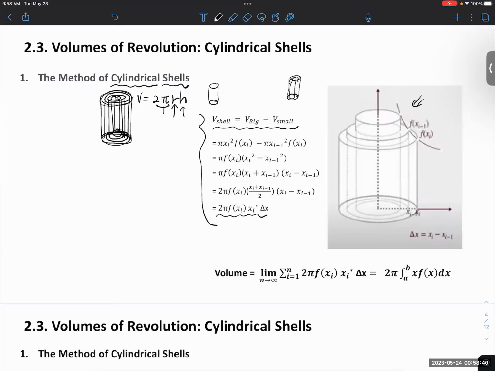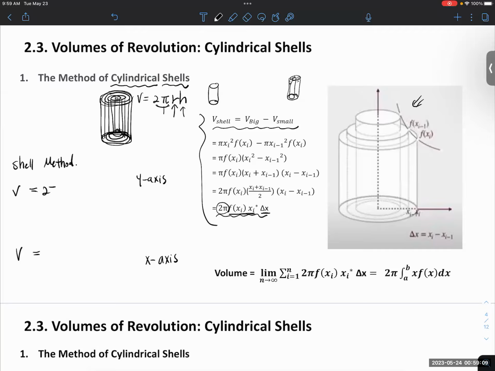So 2 pi, and then you have the radius, times the height. So therefore, this is going to be very simple. I'm going to write down the shell method from this idea. For the shell method, you have two formulas. Why? Because you might rotate about the x-axis, and you might rotate about the y-axis, correct?